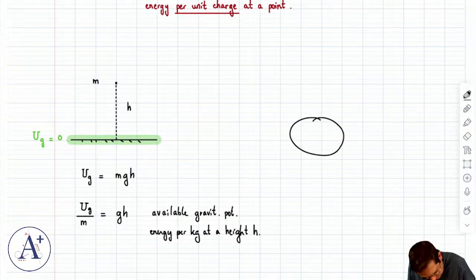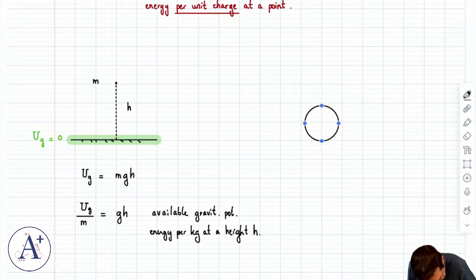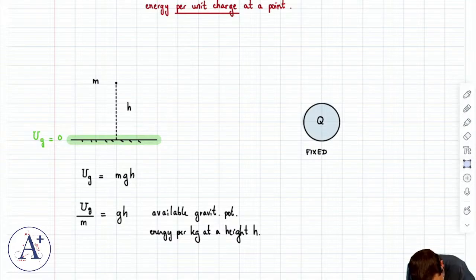So let's now translate this to a problem that deals with charge and electric fields in Physics 2. Let's take this charge Q. This charge Q is going to be fixed. It's not going to move.